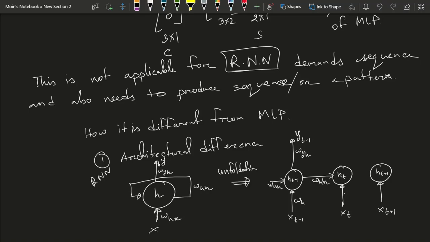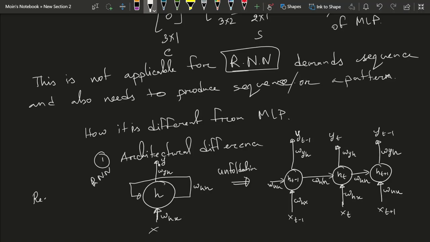Here the passes of Whh with the matrix will generate Wyh with yt, and yt minus 1 with the help of Wyh. So this is the basic architecture that represents a recurrent neural unit.